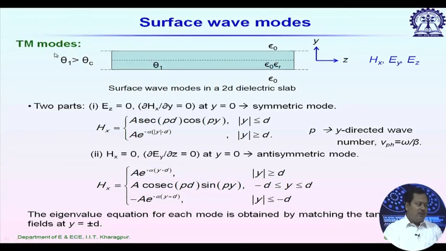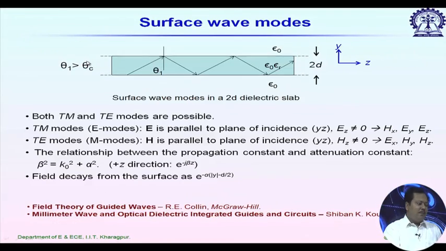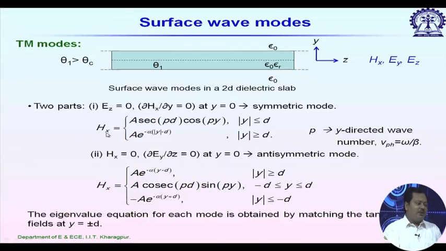Let us start. So, let us first consider the TM mode. For TM mode, as we have seen, the electric field is parallel to the plane of incidence. For TM mode, again we may have two different scenarios. In one case, Ez equal to 0 at y equal to 0, and with this the variation of Hx with respect to y is also equal to 0.